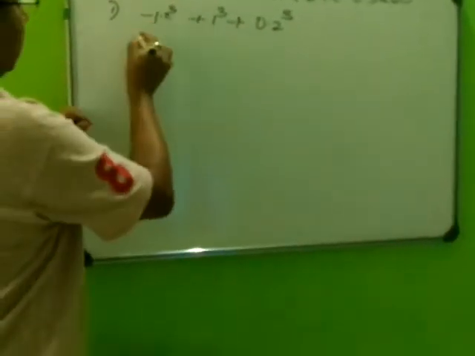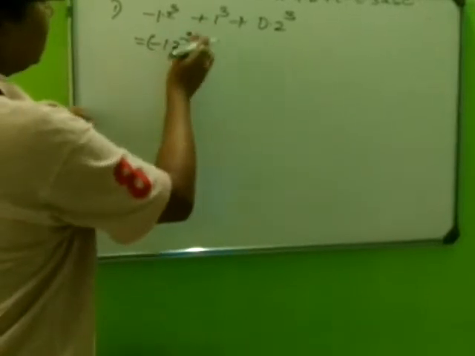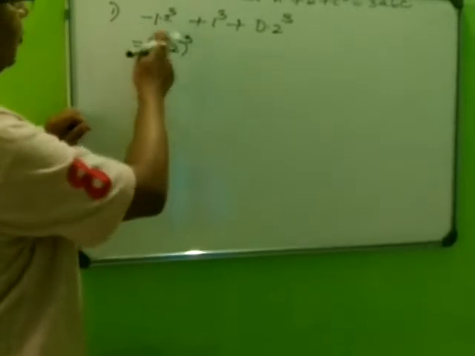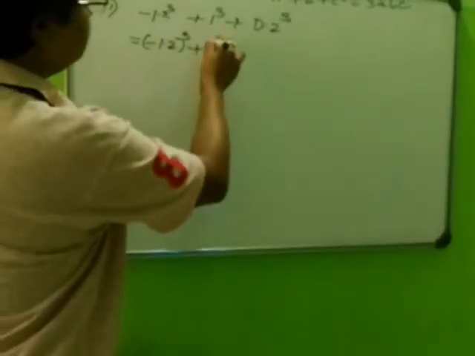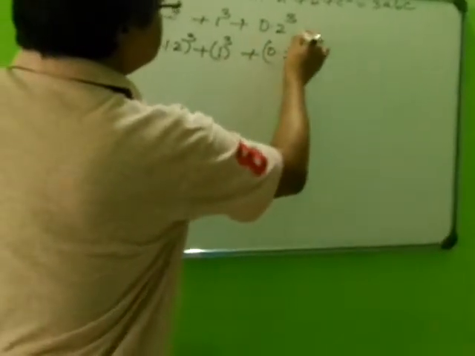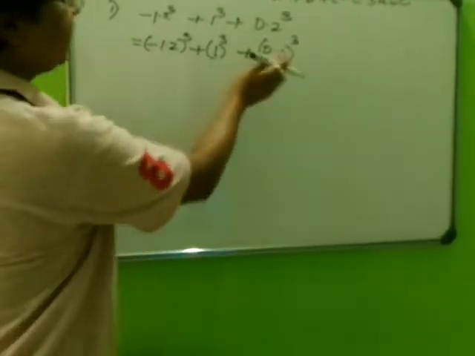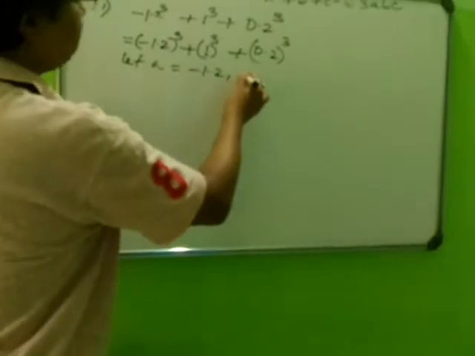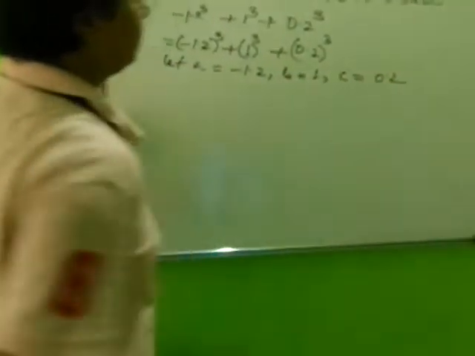So, minus 1.2 whole cube. The power is odd, so the sign will be minus: minus 1.2 whole cube plus 1 cube plus 0.2 whole cube. Now you take this as A, this as B, this as C. So let A equal minus 1.2, B is 1, and C is 0.2.